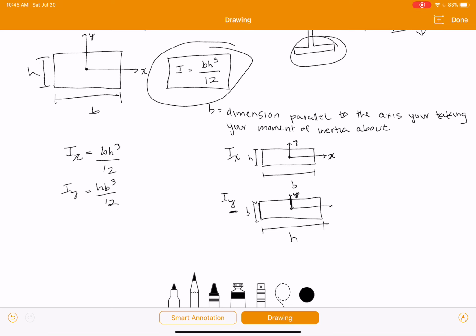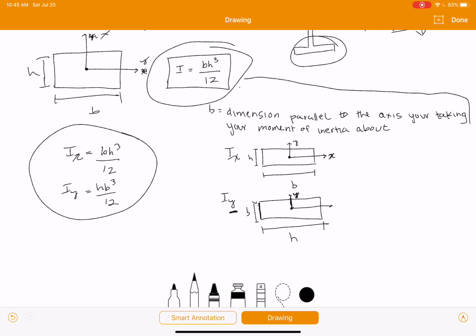But that can get confusing if your axes change for whatever reason. This ends up being y, and this ends up being x. Then you may not remember what equation is which. So that's why I like to remember it this way. So again, just remember b is always going to be your dimension parallel to your axis that you're taking your moment of inertia about, and you'll be all right.